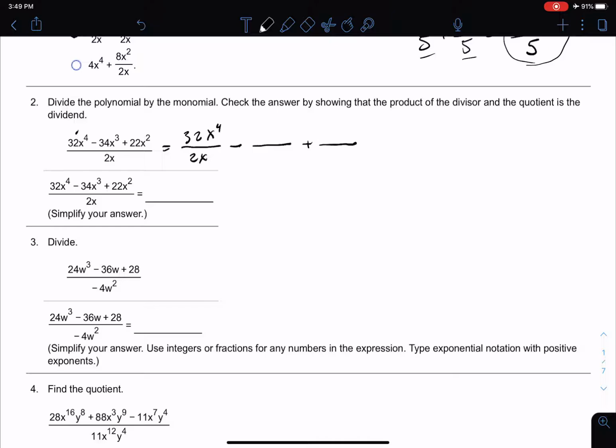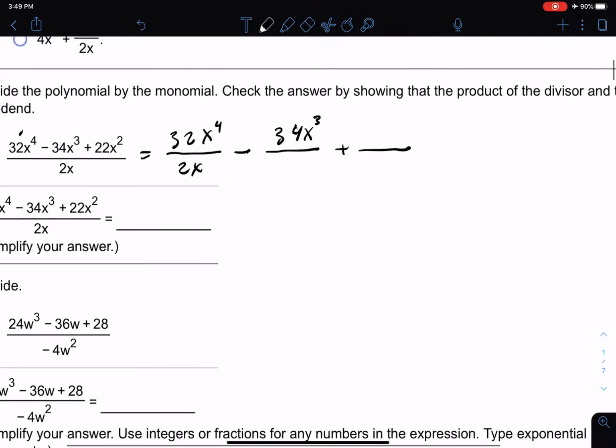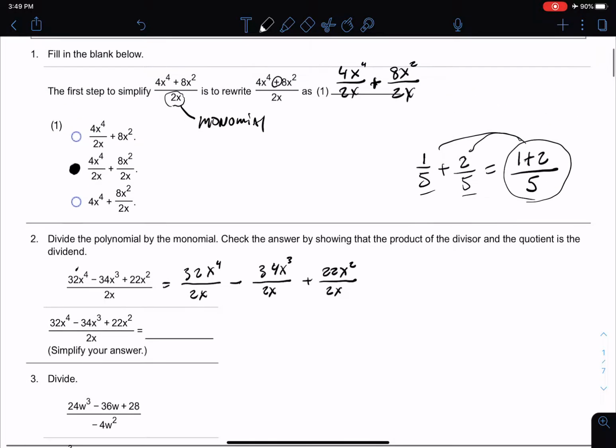And then our next one's going to be 34x to the third over 2x. I'm going to zoom in a little bit. And then we've got 22x squared over 2x.